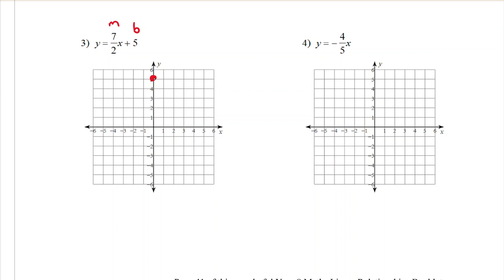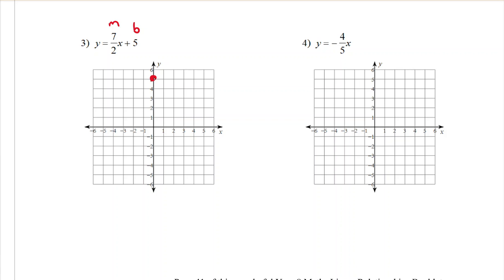Now this is one of the cases where I'm going to have a little bit of a problem doing my rise from there because I haven't got much space to keep going up. My rise and my run needs to be a 7 over 2. So I would love to be able to count 7 spaces up here and then 2 spaces across, but I just don't have space.